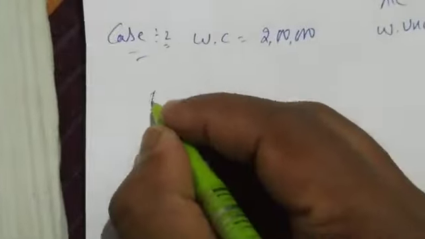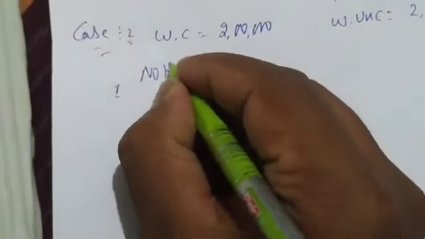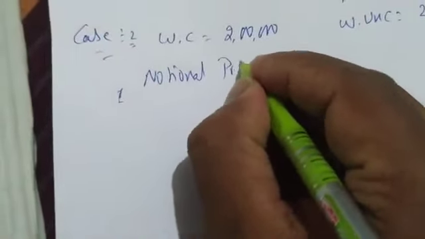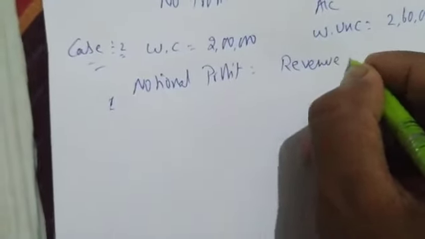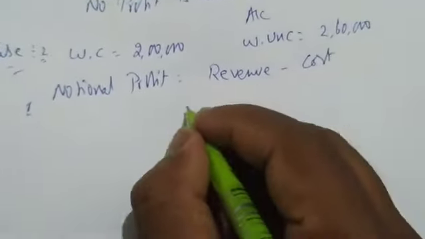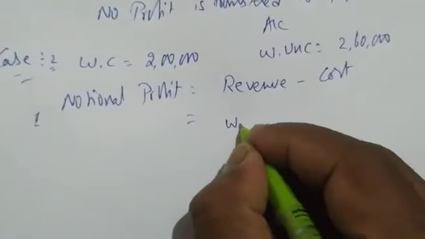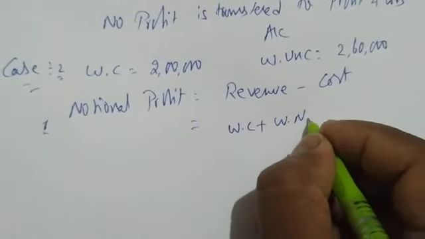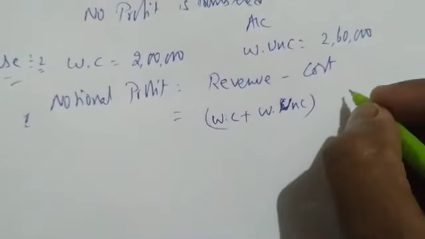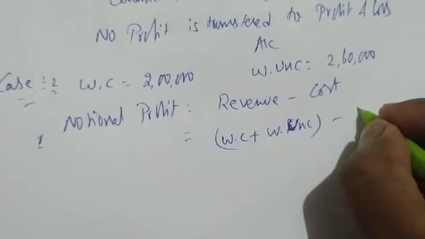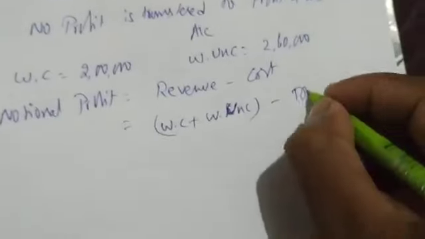How to find out? Notional profit equals revenue minus cost. What is our revenue? Work certified plus work uncertified, minus cost. What is cost? We have total cost.